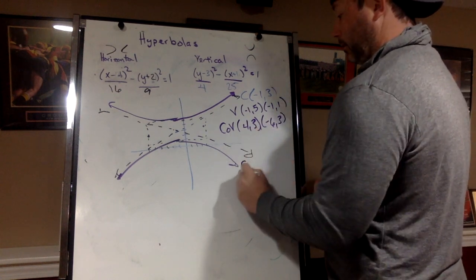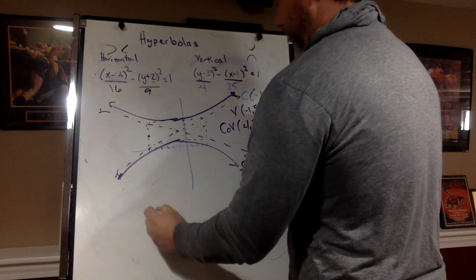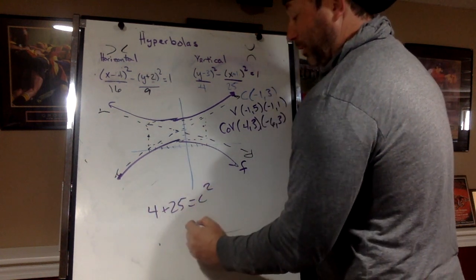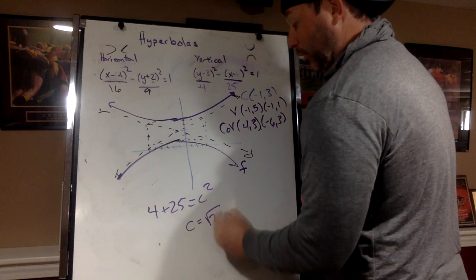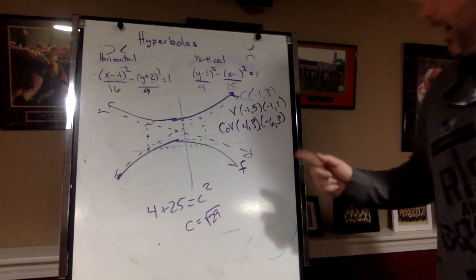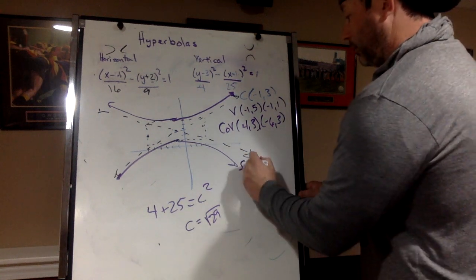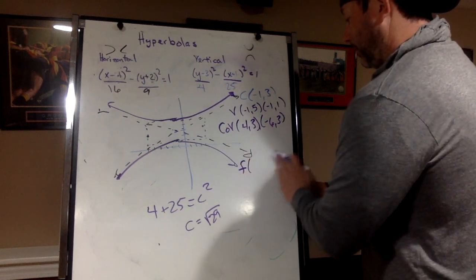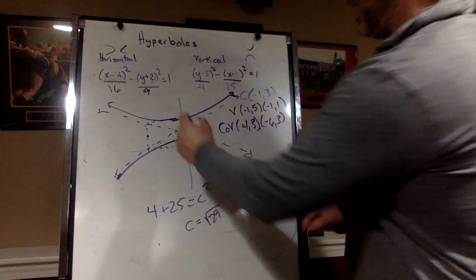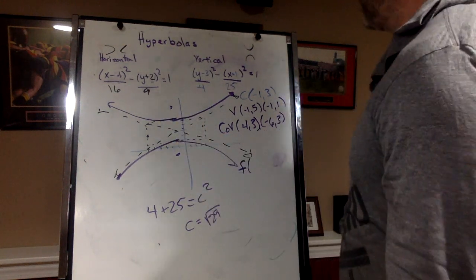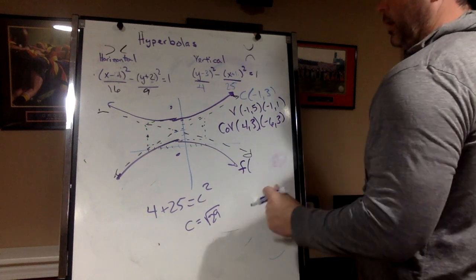Foci. Now, I've got 4 plus 25 equals c squared. So c is root 29. It's ugly. I get it. But let's use our noggins here. So foci. I might need more room. They're out here somewhere. And it's not so much I graph them as know where it is. So I went up and down.